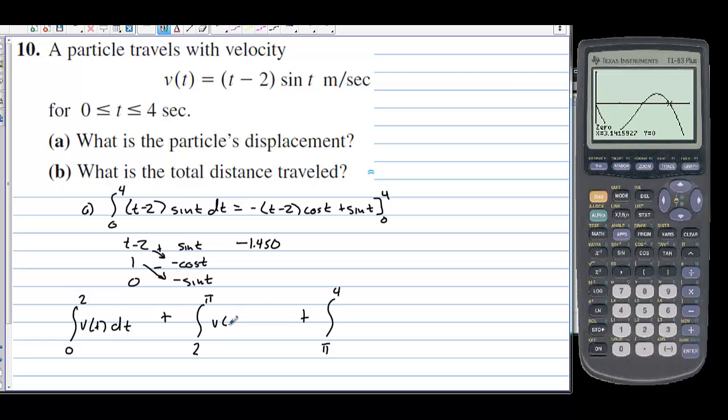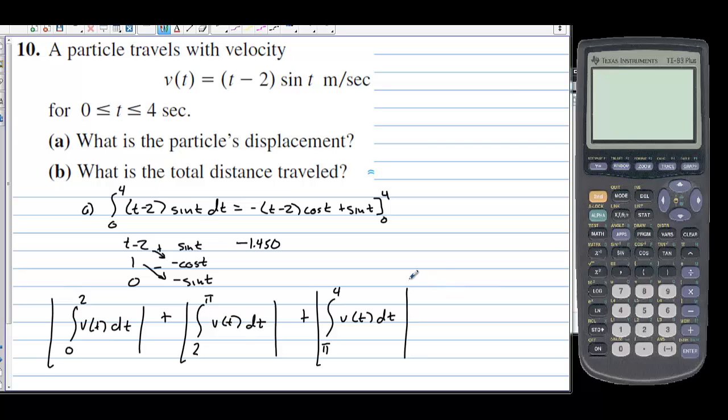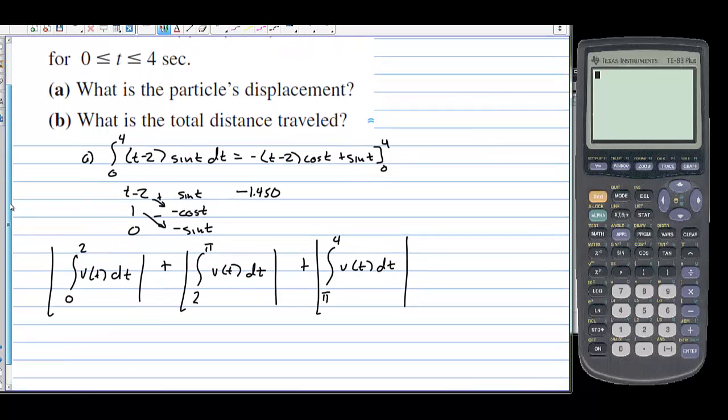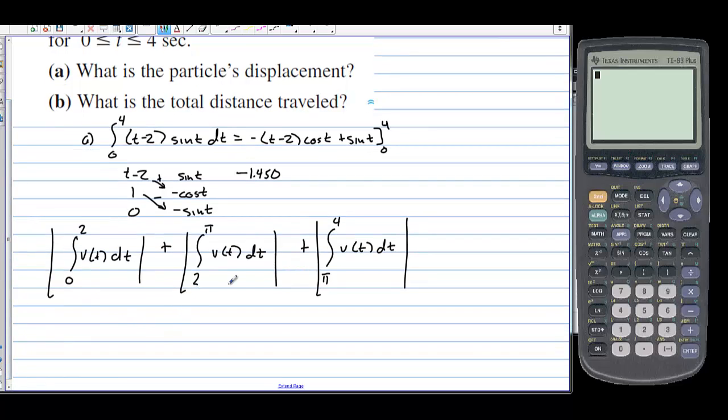And we're going to make sure that we take the absolute value of all of these. Well, if we're going to unleash the power of our calculator, we might as well do this the easiest and the quickest way. If we look at the graph of this function again, it looks something like that.